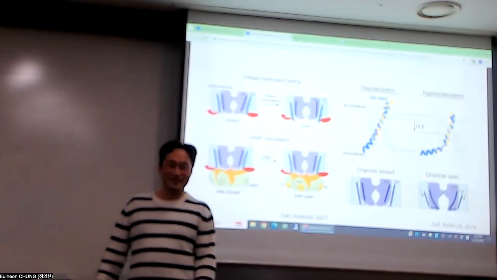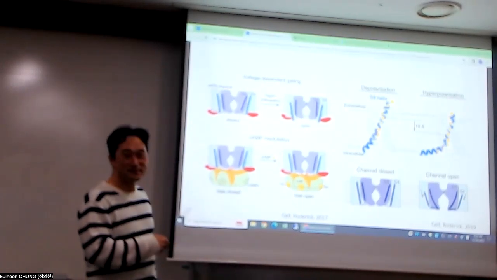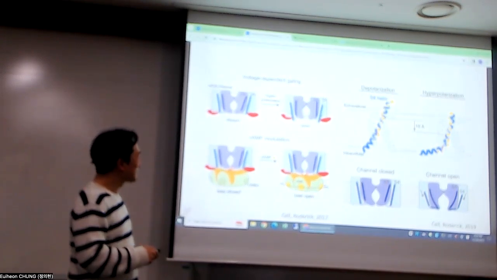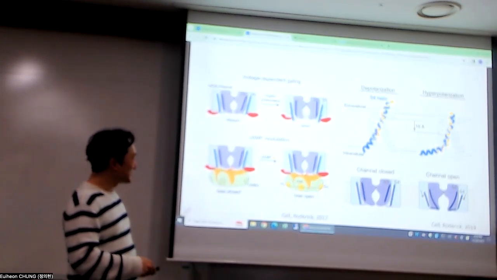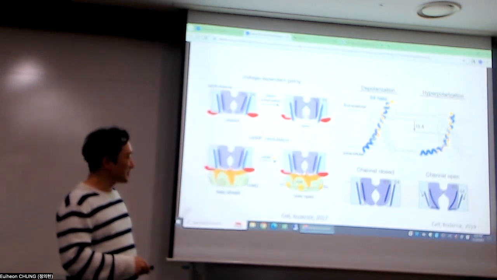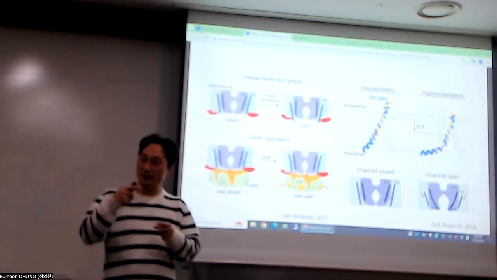Another Cell paper. But this is just the diagram, so two years later they gave a kind of clear picture of the S4's movement.